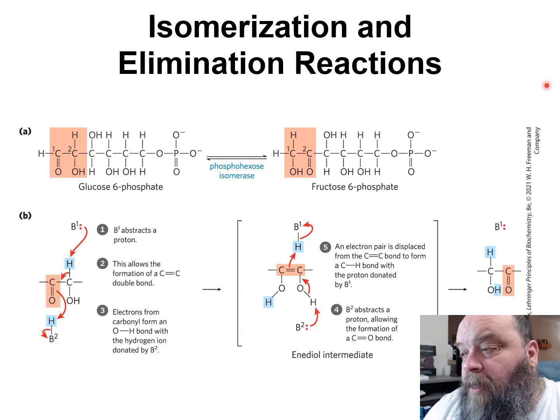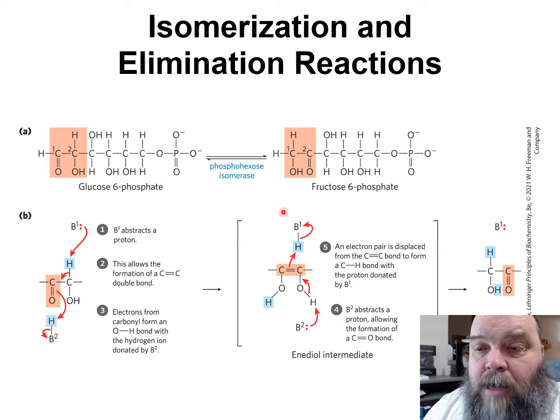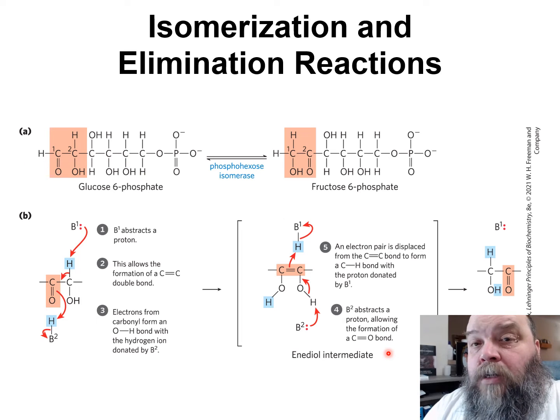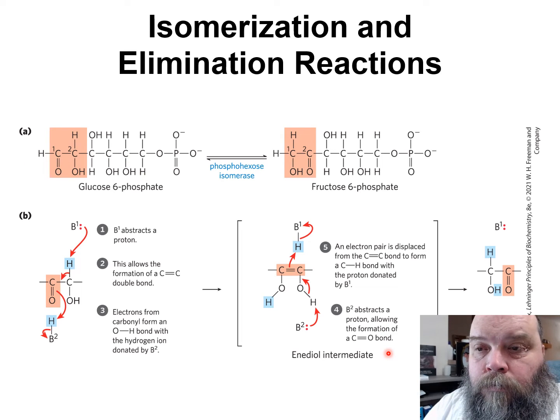This is done by phosphohexose isomerase. Remember, anything ending in -ase is an enzyme. Isomerase means it's an isomer-making enzyme that recognizes phosphohexose. Hexose is a 6-carbon sugar. All it does is swap these 2 things. Now, it's a ketone.